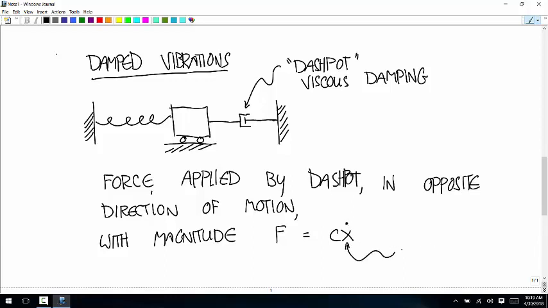That's the velocity of the mass. And it's called viscous damping because that's what viscosity does.